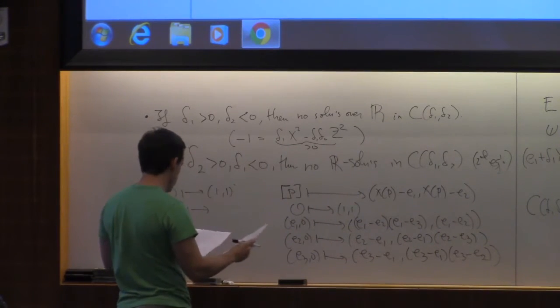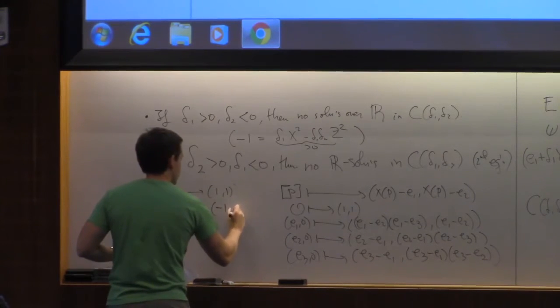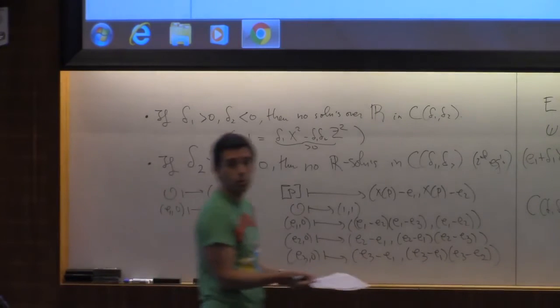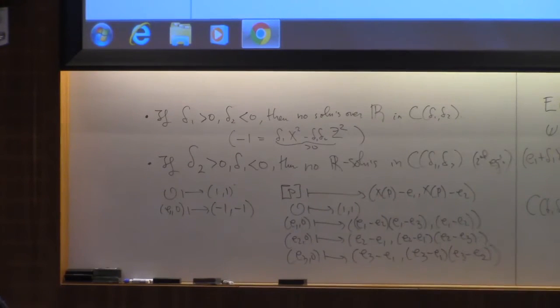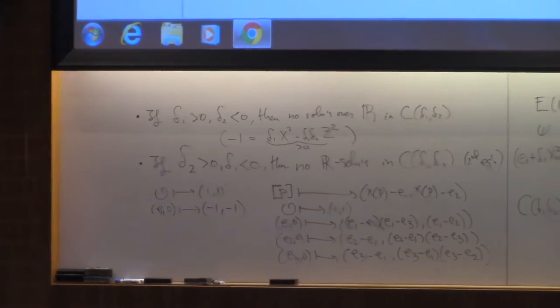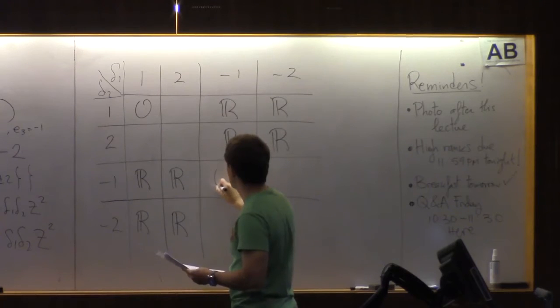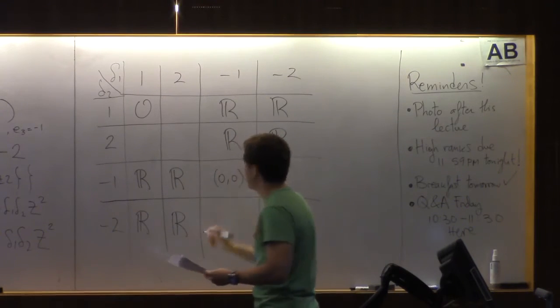So it goes to (minus 1, minus 1). Okay? So there is a rational point, but I know that that corresponds to one of the two torsion points on my elliptic curve. So minus 1 is okay, but it comes from something I already know, which is (0, 0).